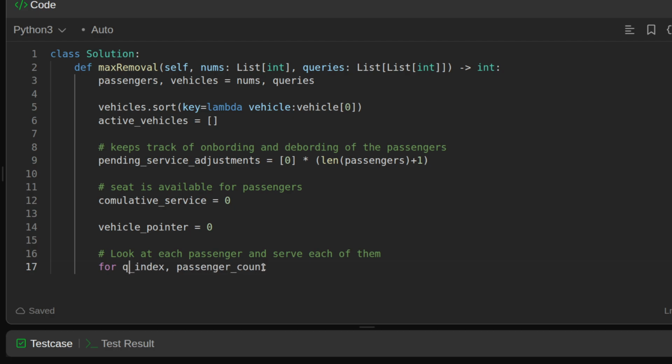Just put q here so that I can enumerate passenger count, right?